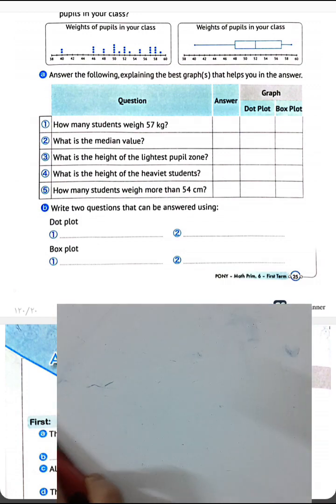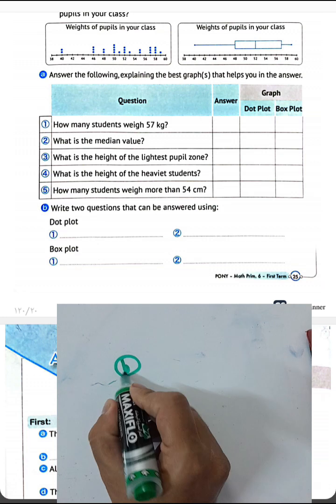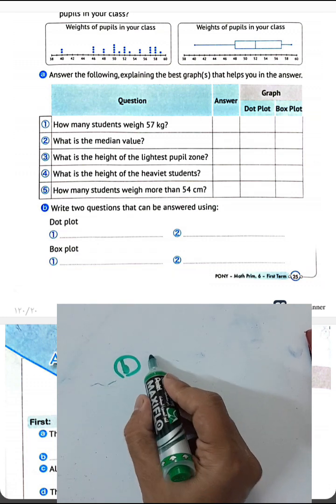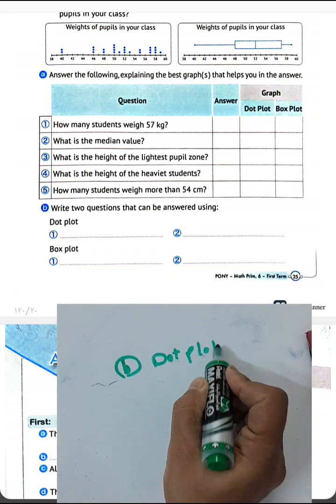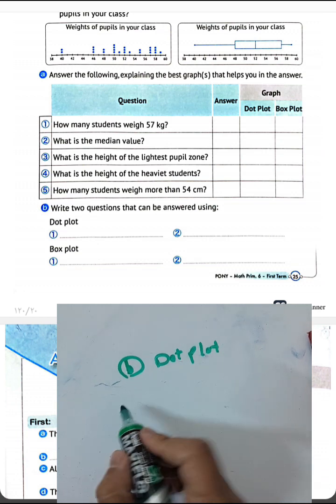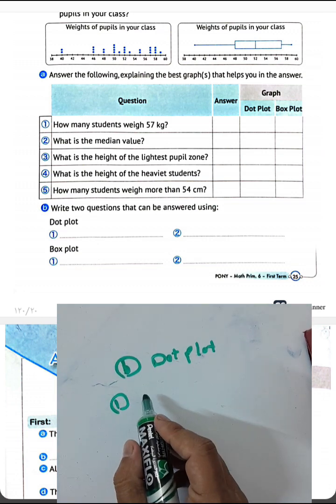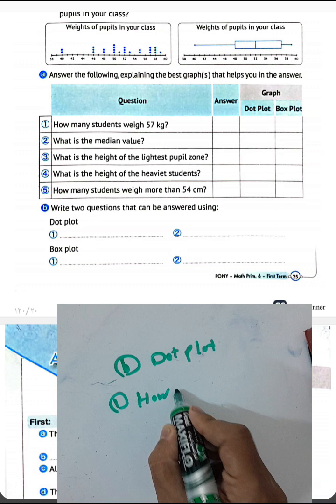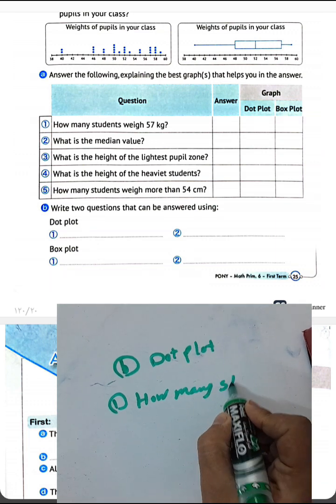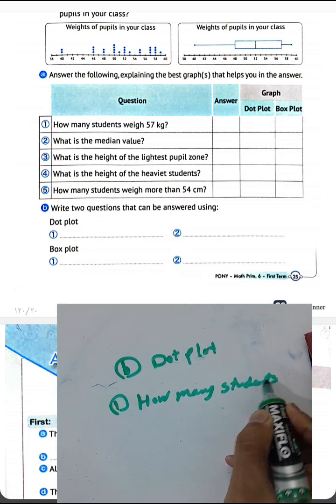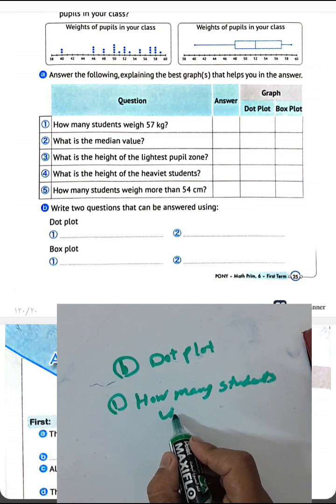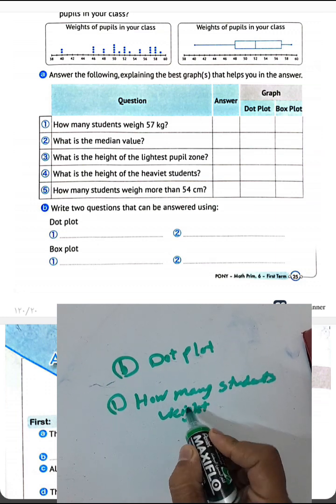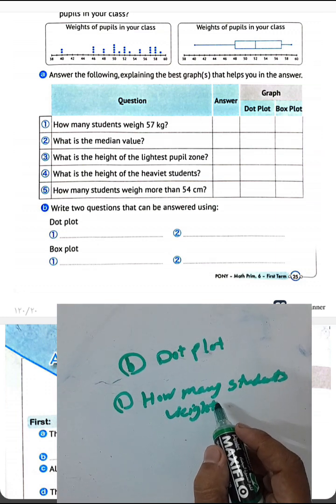Write 2 questions that can be answered using dot plot and box plot. Okay. Letter B. About dot plot, you can write this question about this information. Number 1. How many students with 50 or 48?